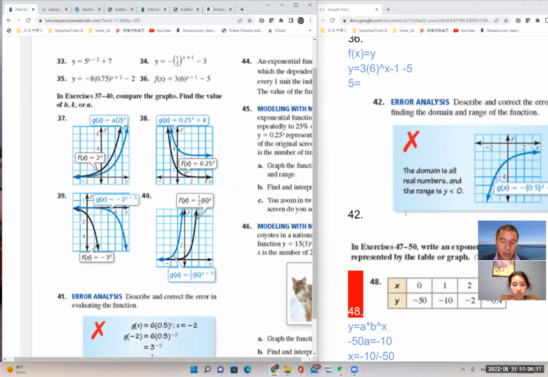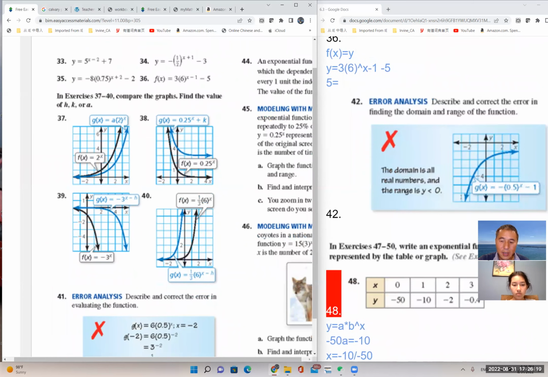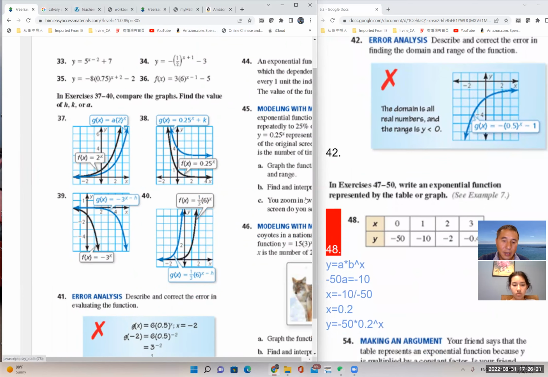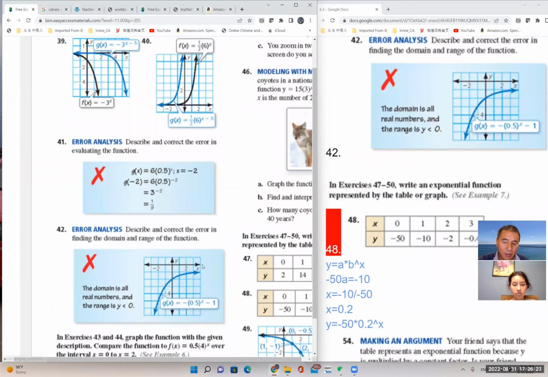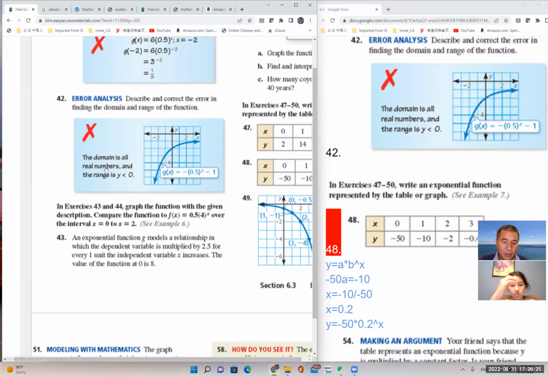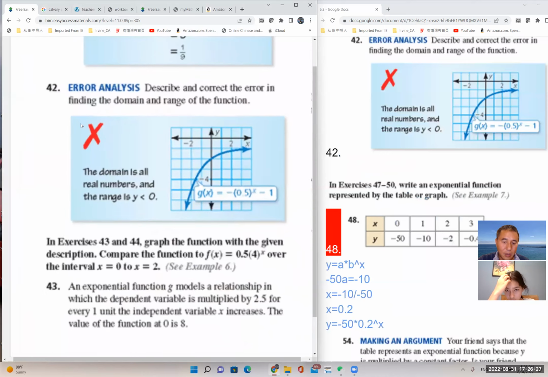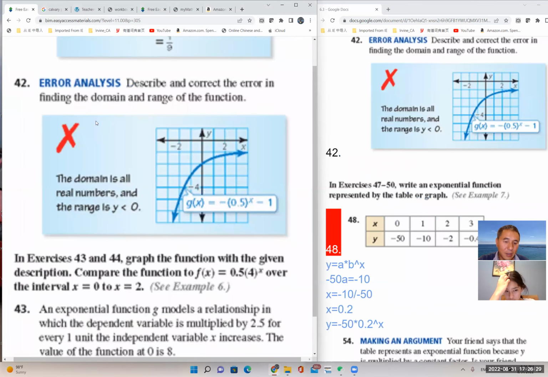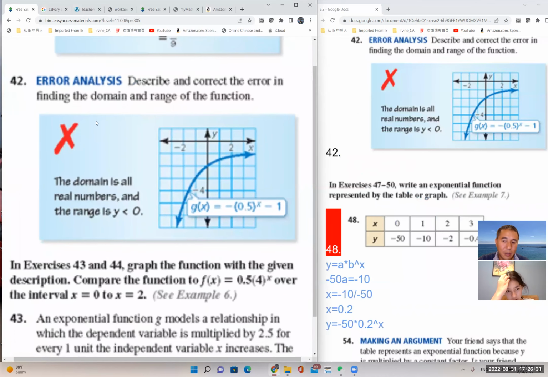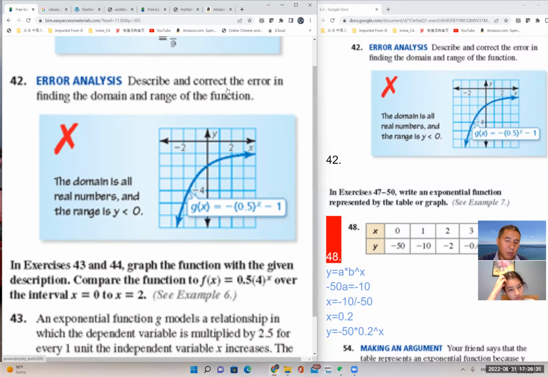Now go to 46. Find the error. Do you mean you don't find the error? You don't find any mistake? Describe and correct the error in finding the domain and range of the function.